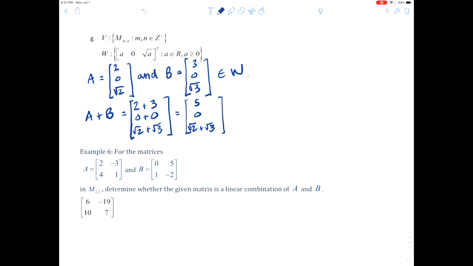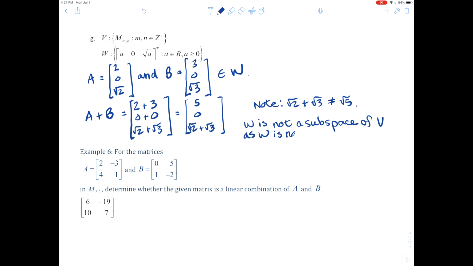And remember that root 2 plus root 3 is not equal to root 5, so it fails. Okay? So W is not a subspace of V, as W is not closed under addition.